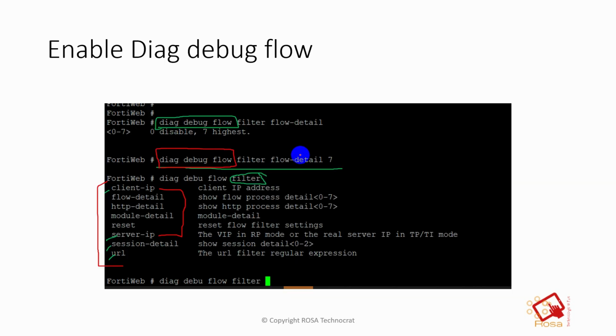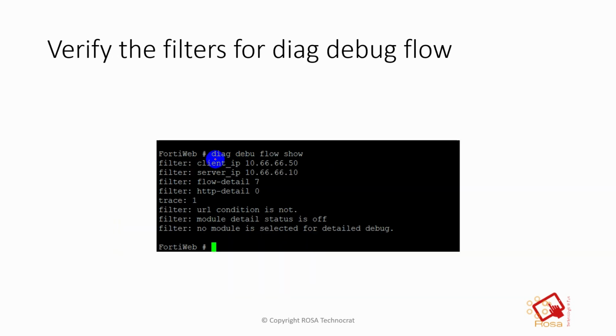Once you have applied the filters, for example, diag debug flow with the client IP filter and server IP filter, if you run the command diag debug flow, it will show you all the filters that you have applied. I have applied the filters based on this IP address as the client and this as the server. These are how much detail I want: 0 to 7 are the debug levels.